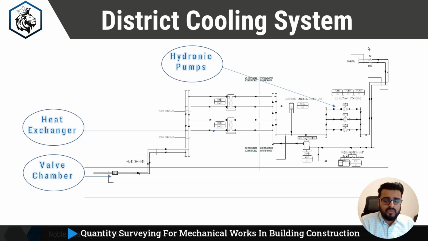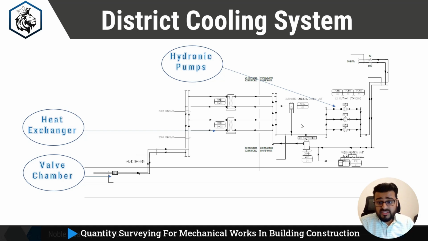There is only a minute difference: in place of chillers, a heat exchanger is placed, and one valve chamber is connected over here for the tie-in connection point, and one set of hydronic pumps is placed. After that it is the same system that we have seen for the chillers.